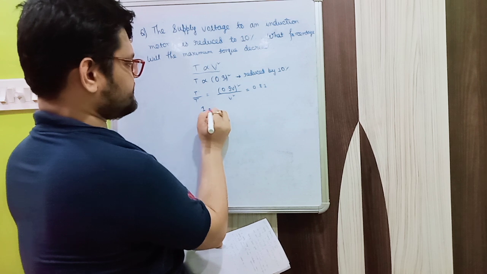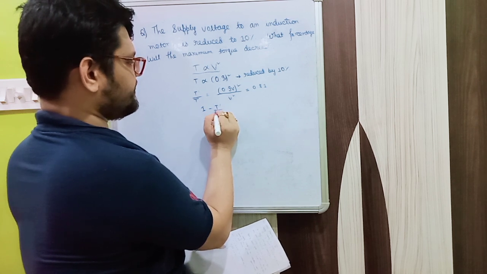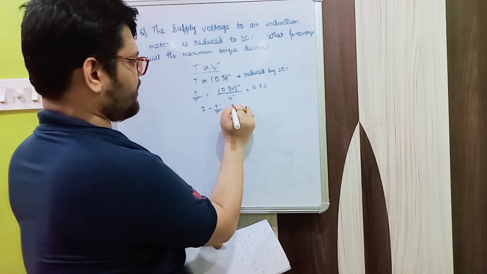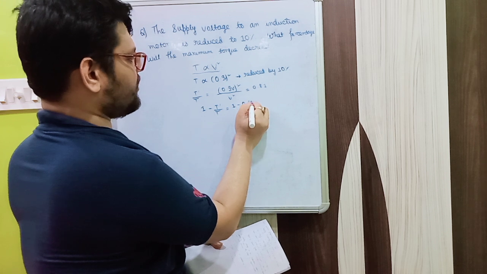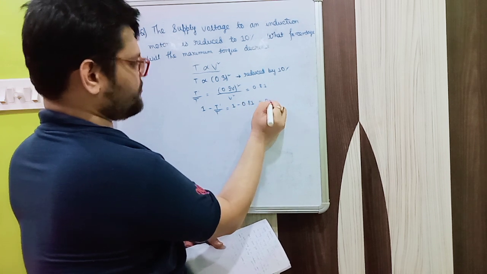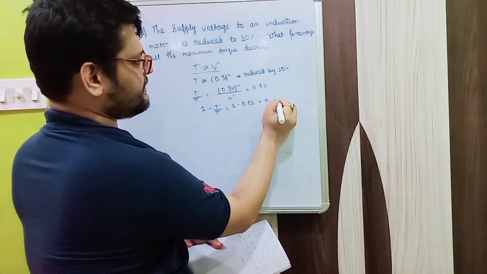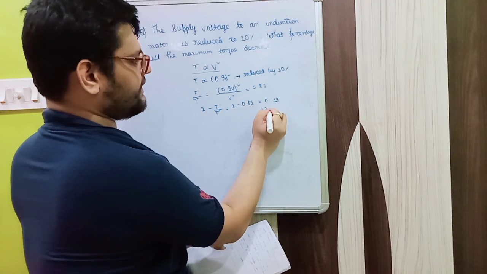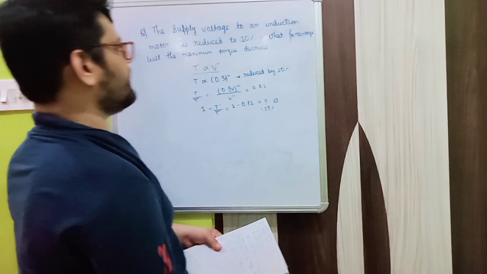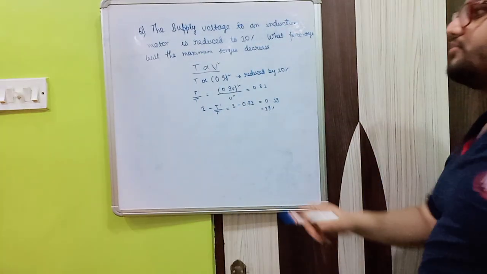So 1 minus T dash by T is equal to 1 minus 0.81, which is 0.19, that is 19%.